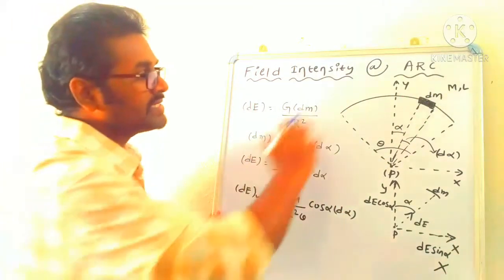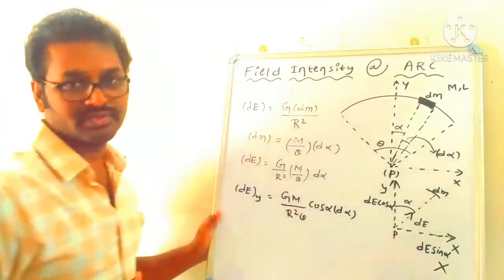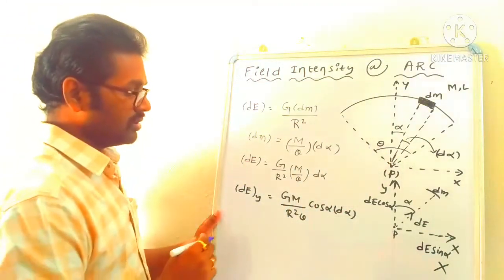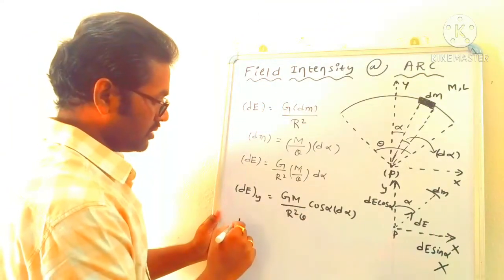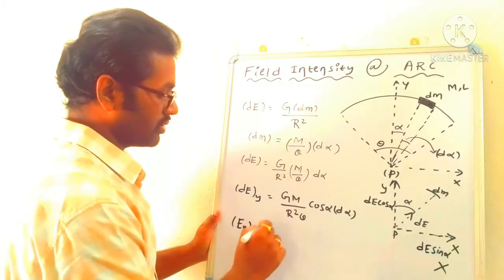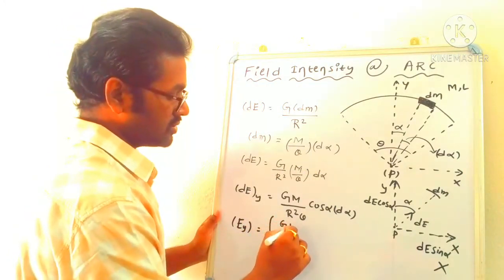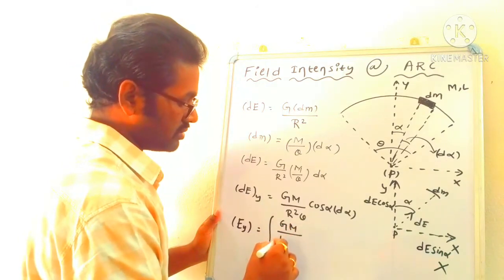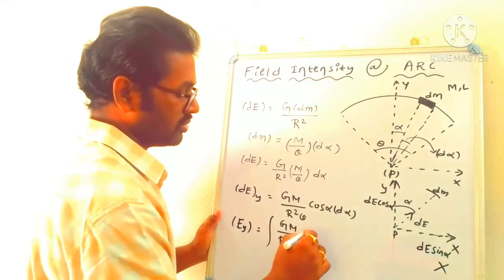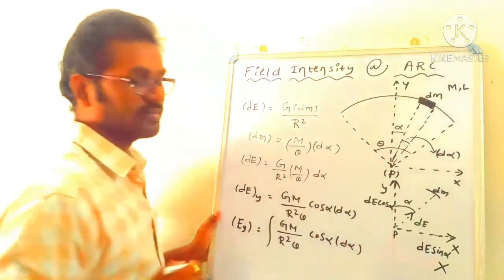To find it for the entire arc, we need to integrate this expression between the two limits. So the entire field intensity Ey is equal to the integral of Gm divided by r square theta into cos alpha into d alpha.